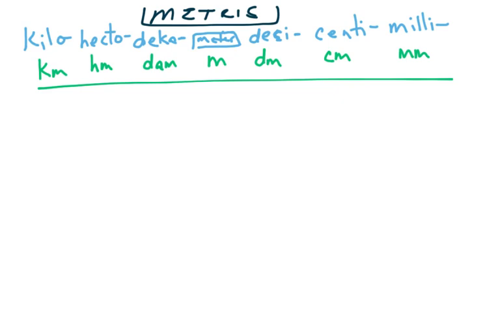So say I had 143.7 centimeters, and I wanted to know how many dam that is. Okay, this is how you do a conversion in the metric system.